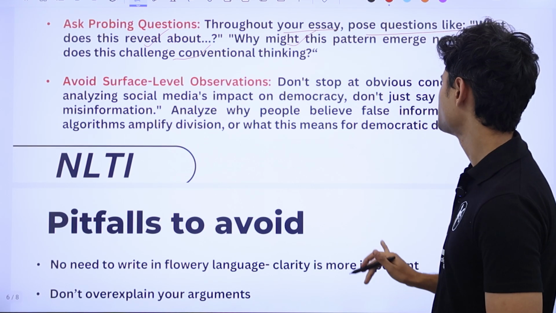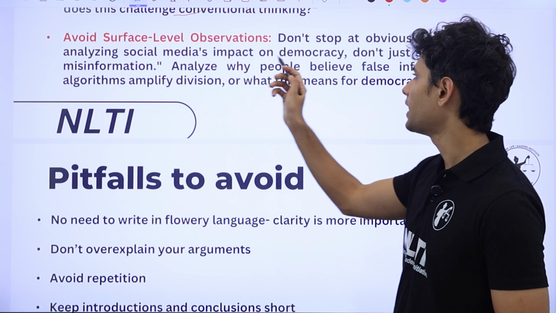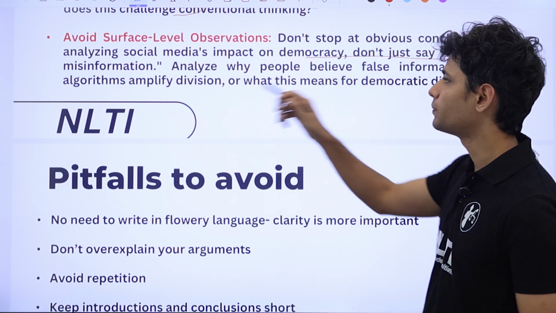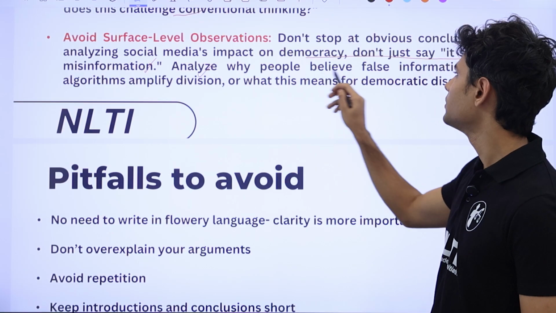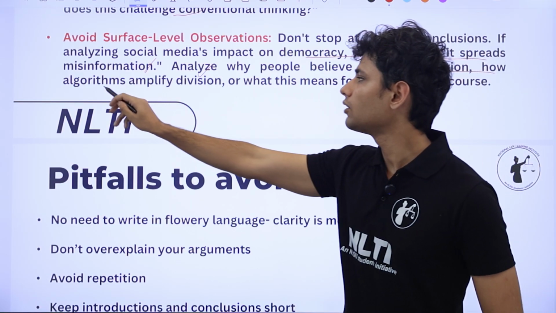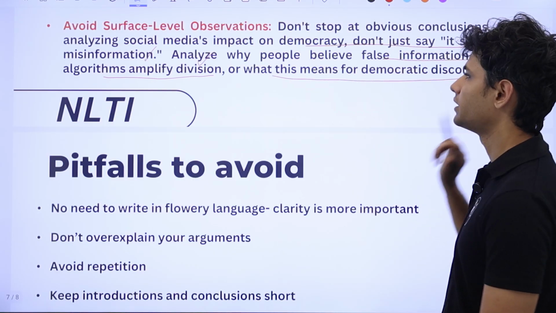Avoid surface level observation. Don't just stop at obvious conclusions. If analyzing social media's impact on democracy, don't just say it spreads misinformation. Analyze why people believe false information, how algorithms amplify false information, what this means for democratic discourse.